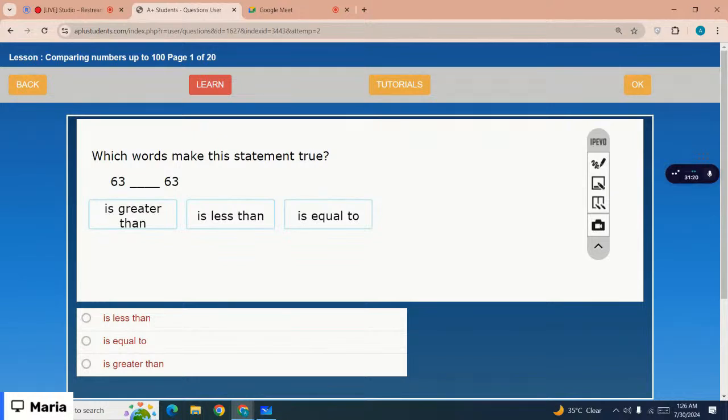Yes, they both are exactly equal. 63 is equal to 63. The correct option is equal.